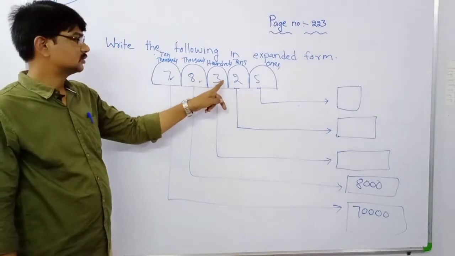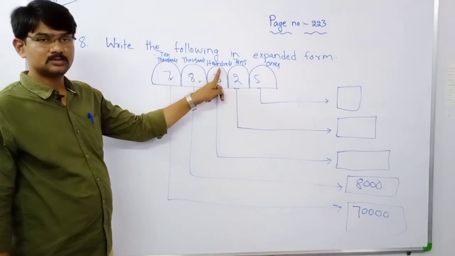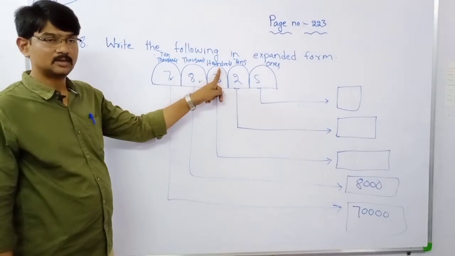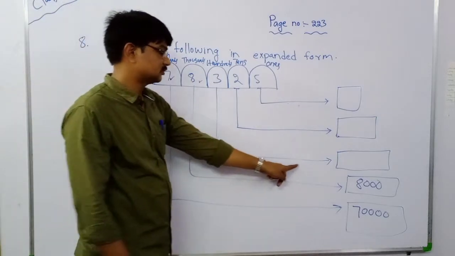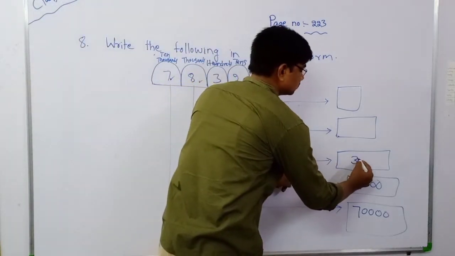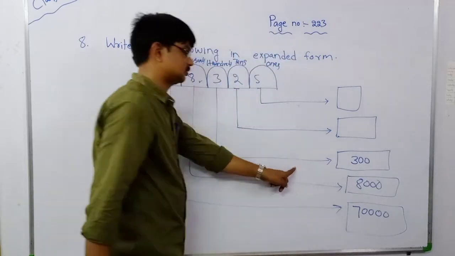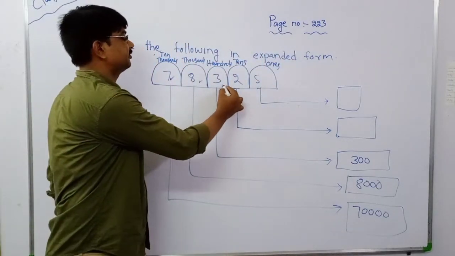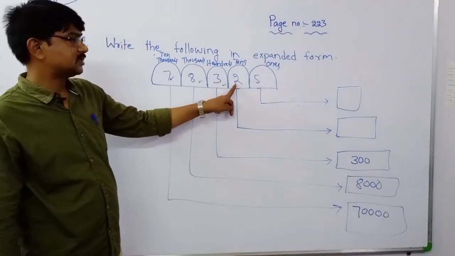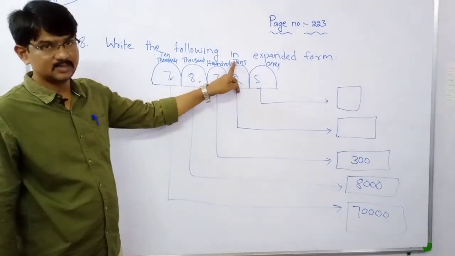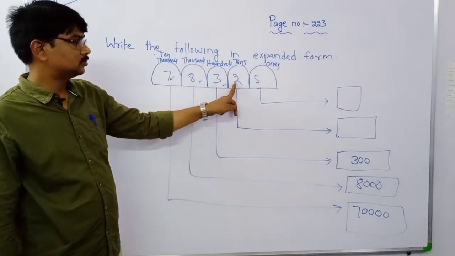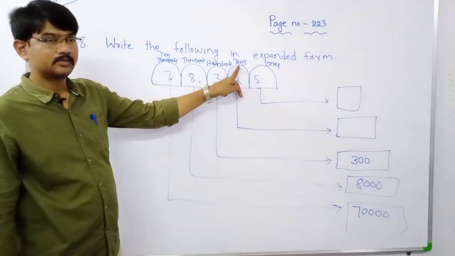Hundreds place, so it becomes 300. 2 zeros. 2 is at the tens place. 2 tens, 20.